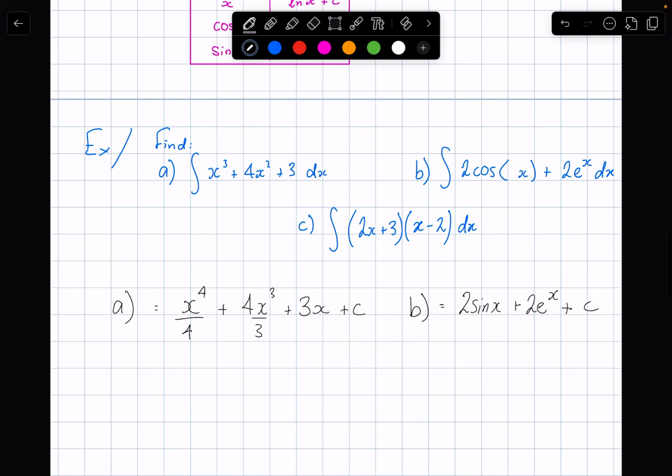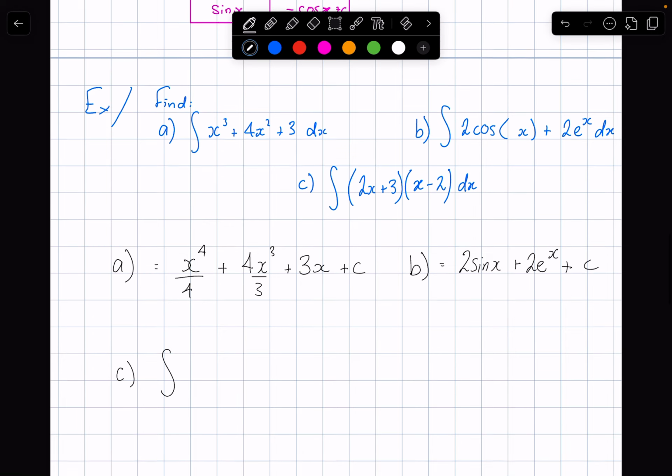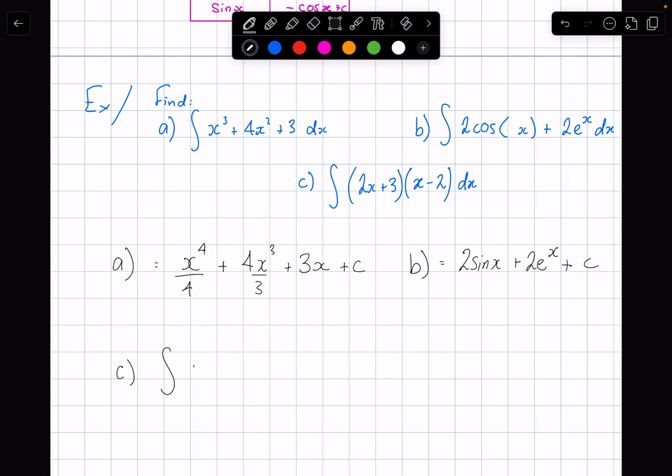Cool. Now, we haven't really looked at something like question C yet, where I've got 2 linear equations multiplied together. Bit like differentiation, we have to have individual terms and positive powers in the top. So what we want to do first is actually expand this out using FOIL. So I've got 2x squared. I'll have -4x plus 3x, which is -x.